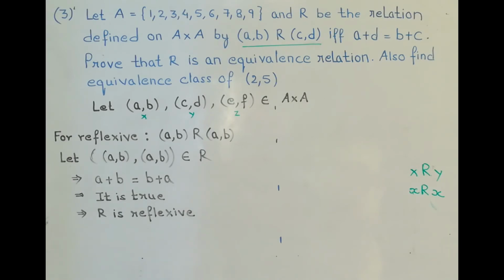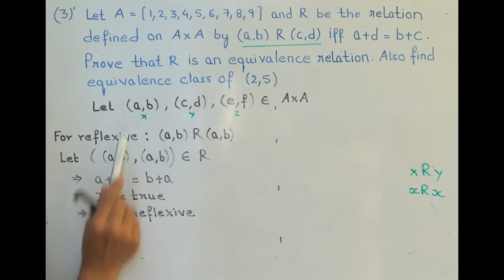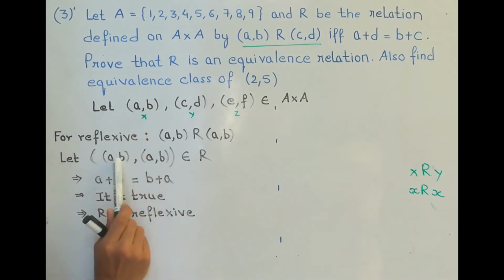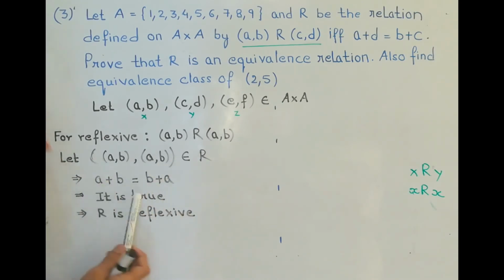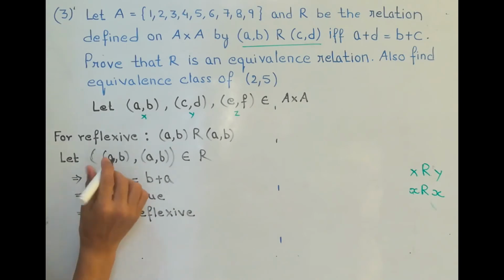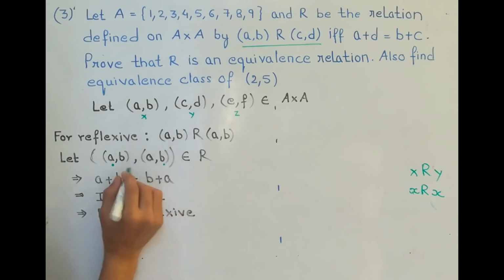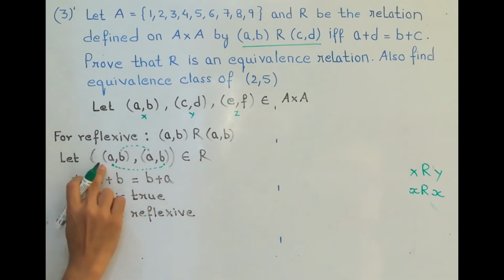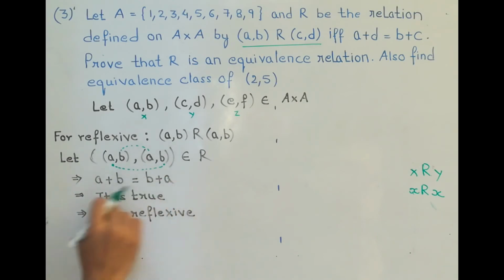Is this clear to you, how we have proved it? For reflexive, x related to x, so x comma x belongs to R. The relation was a plus d is equal to b plus c, and the relation comes out true, so we can say R is reflexive.